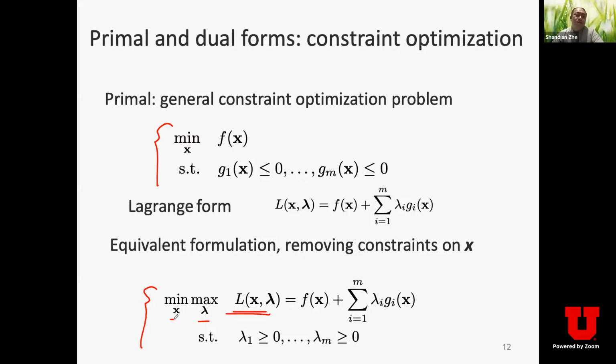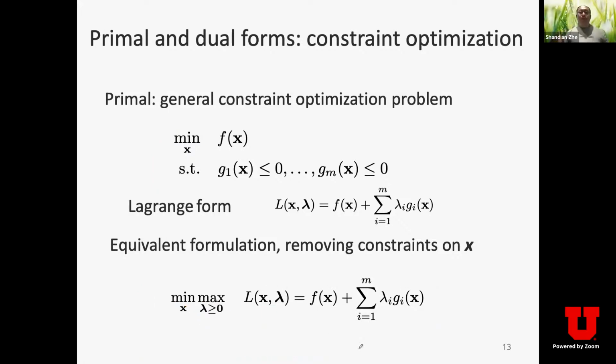The interesting point is that in this optimization problem, we don't have any constraint over x. x is free. We put non-negative constraints over the Lagrange multipliers. For simplicity, we write this minimax optimization problem in this form, with the non-negative constraint over the Lagrange multipliers underneath the max.